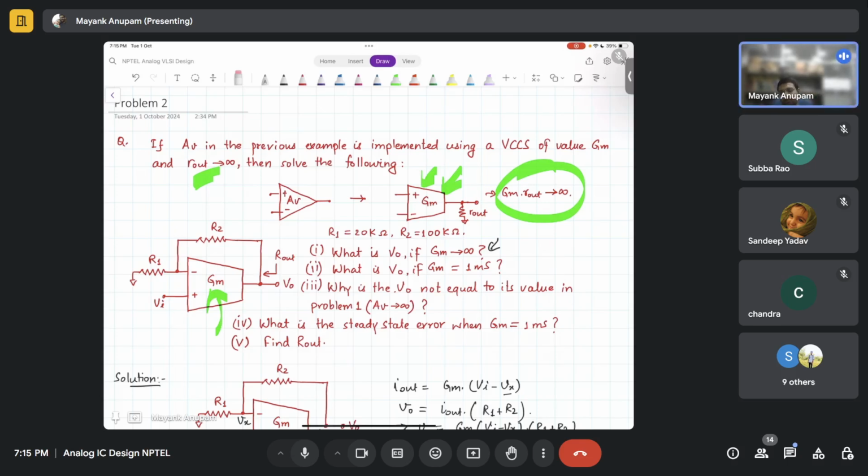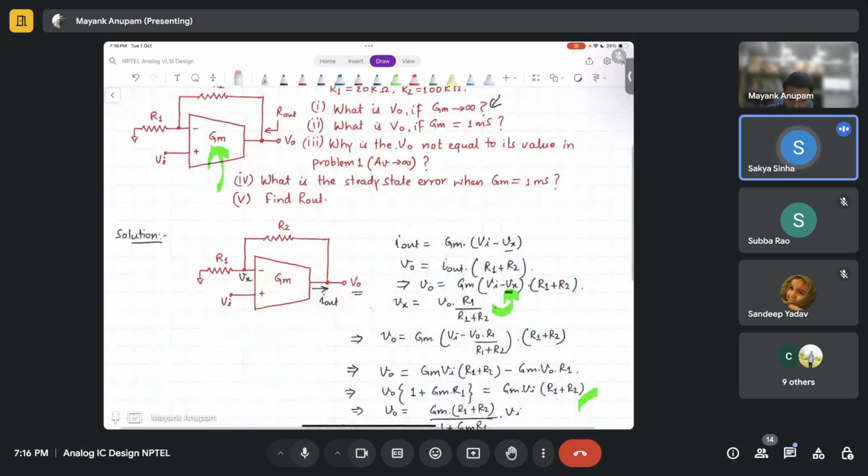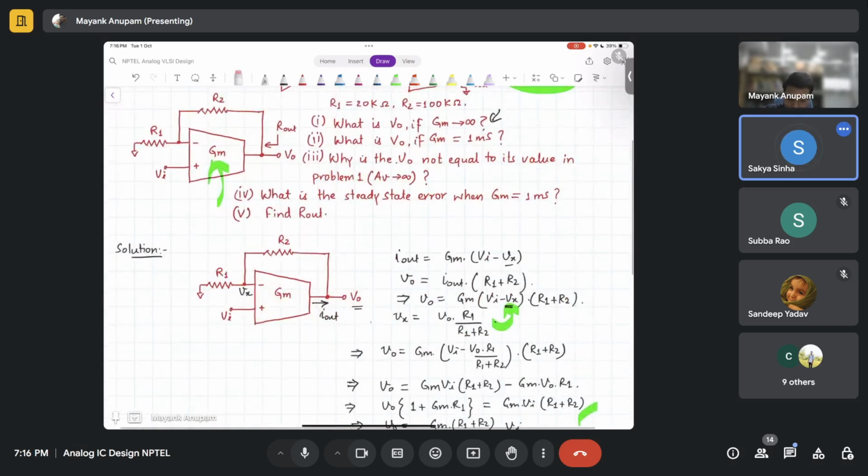What is different from the previous case? I think we are not calculating the GM into R out ever. That is the problem, because whatever current is coming out from that box is going through the R out load resistance.